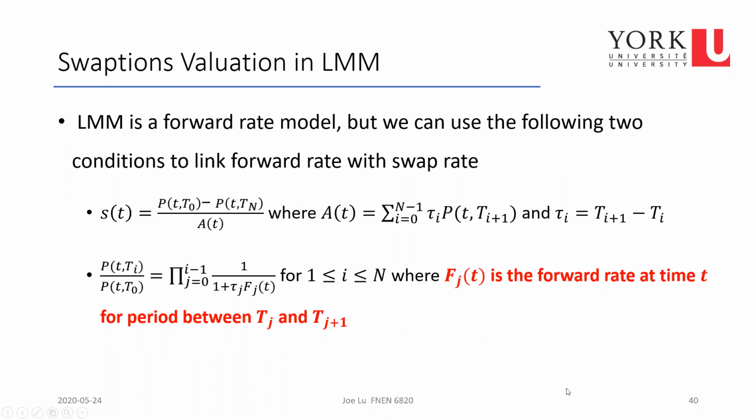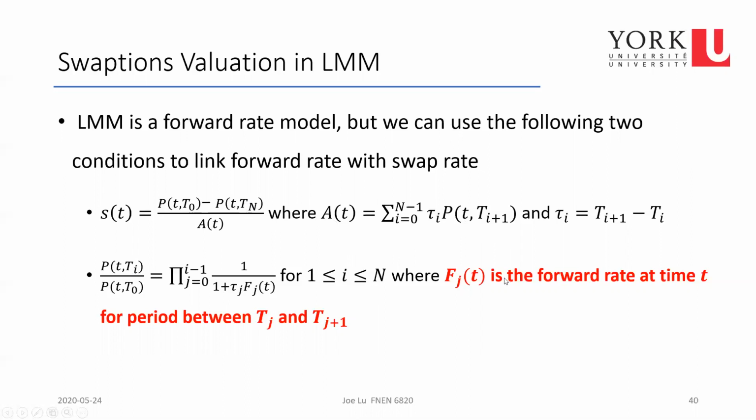So what's the connection? Well, the connection is that the swap rate is this thing here divided by the annuity factor, right? So your current time t, this is the starting point of the swap, this is the finishing point of the swap, and you have this annuity factor defined this way here.